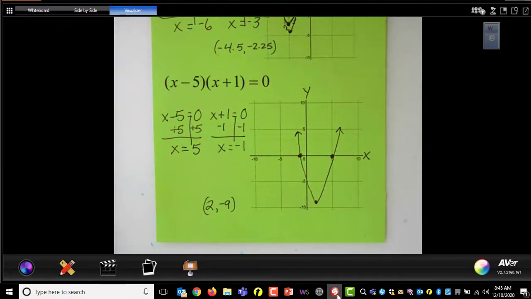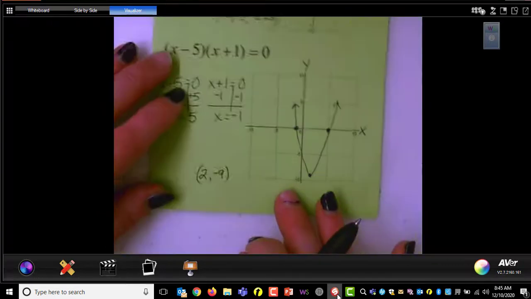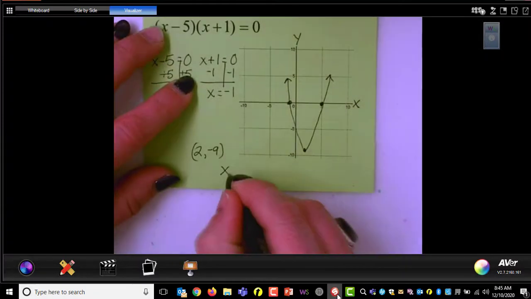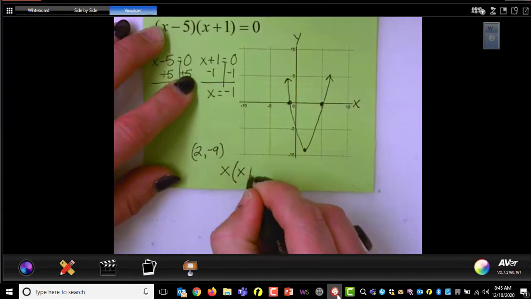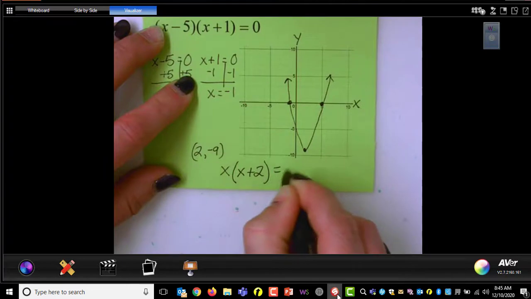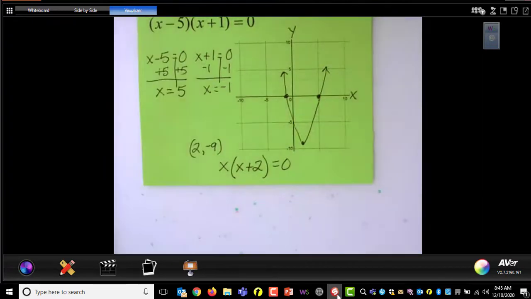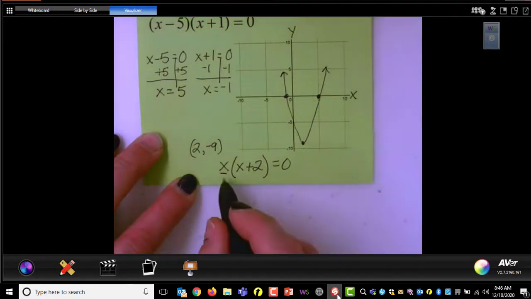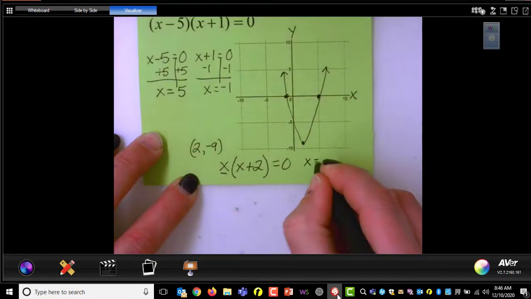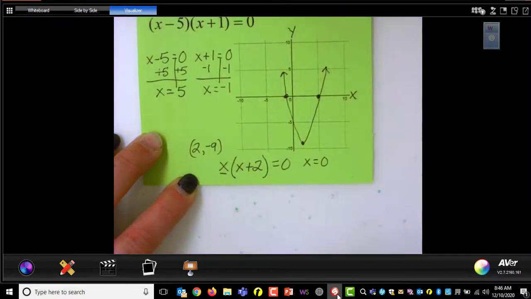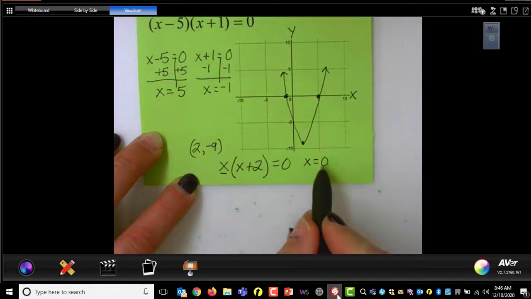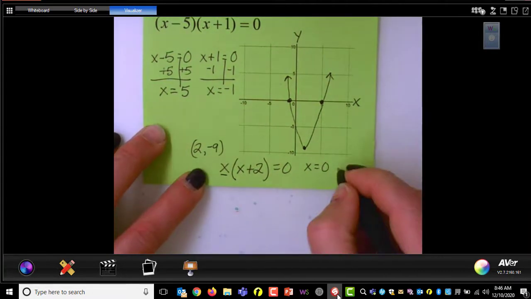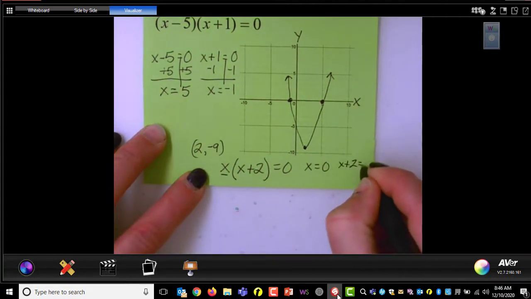Okay, one last example that I just want you to write down. Let's say if we had x times x plus 2 equals 0. Where would our x-intercepts be? Well, I would just set x equal to 0. That would actually be one of the x-intercepts. The other one would be x plus 2 equals 0.